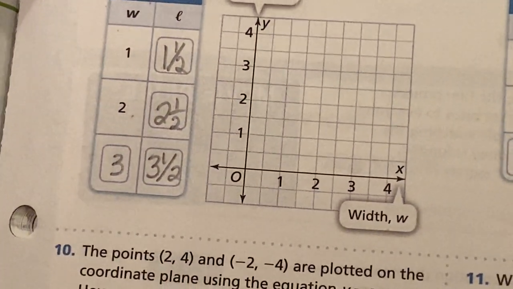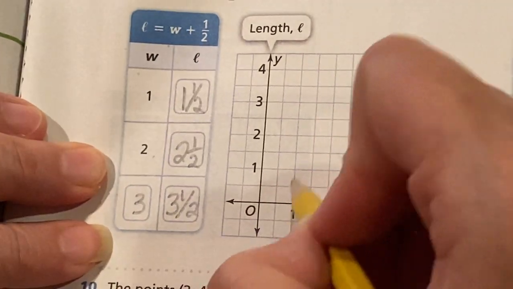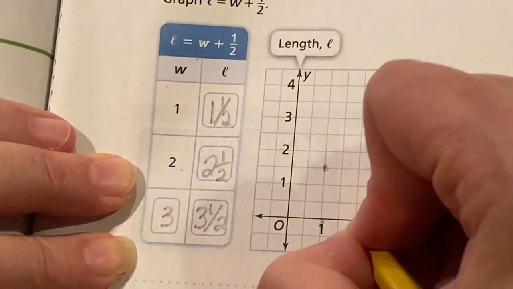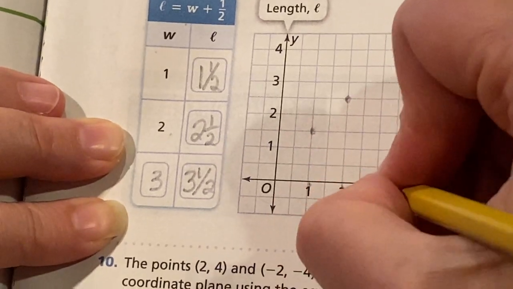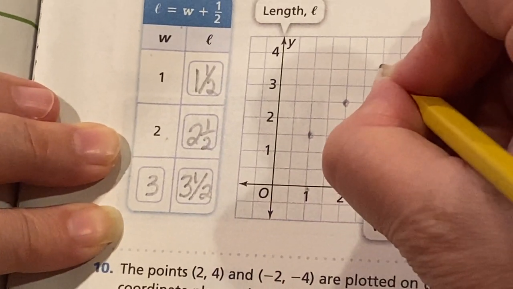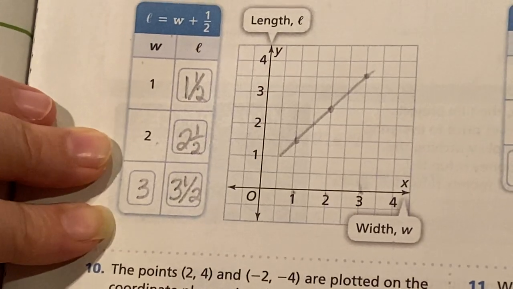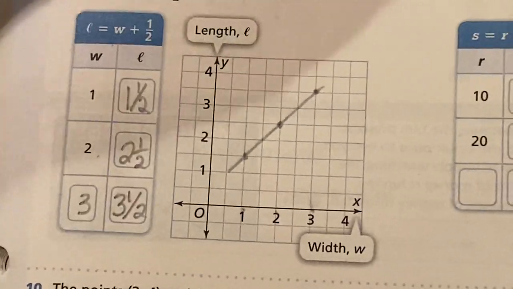Okay, and then you would graph it. So you'd go over 1, up 1.5, over 2, up 2.5, over 3, up 3.5, and then join the points. Not dots, points.